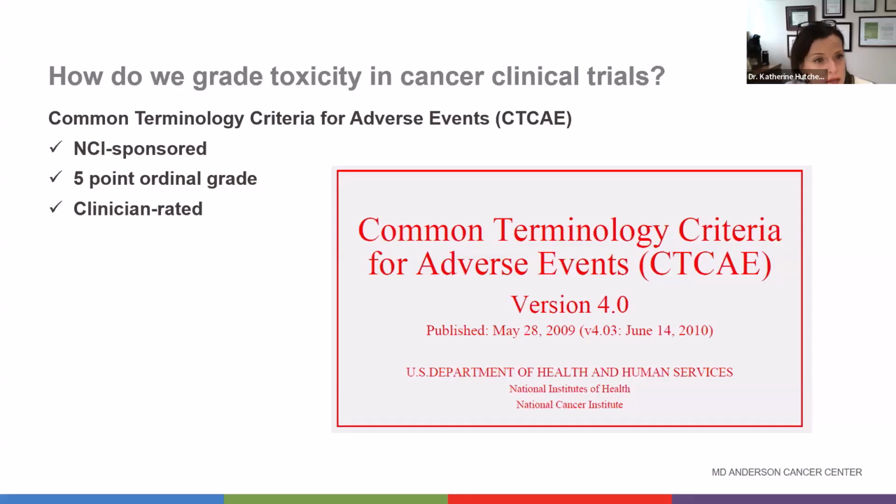And there's a very established framework for grading cancer toxicity, which is called the CTCAE, or the Common Terminology Criteria for Adverse Events. And this is a document that has been maintained for many years by the National Cancer Institute. It has, I believe, at this point, over 800 different potential toxicity items. So things like mucositis or nausea all would have a CTCAE grading.